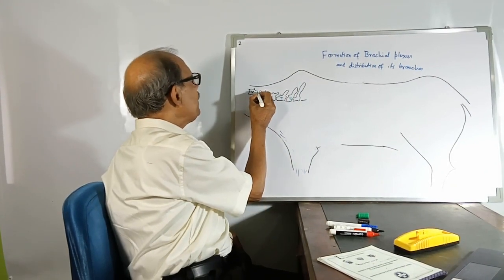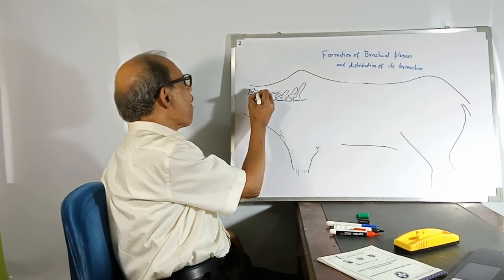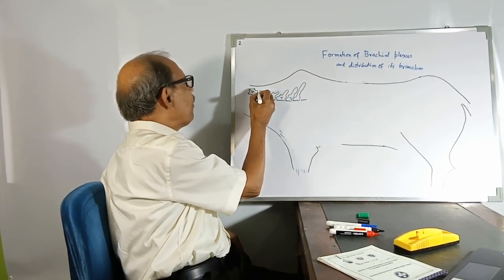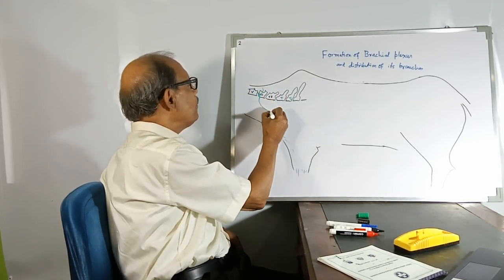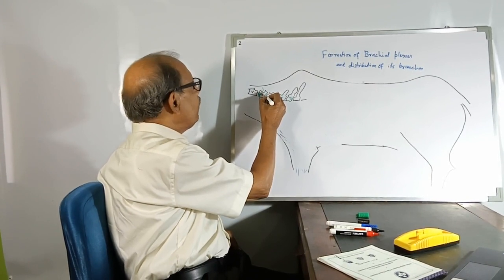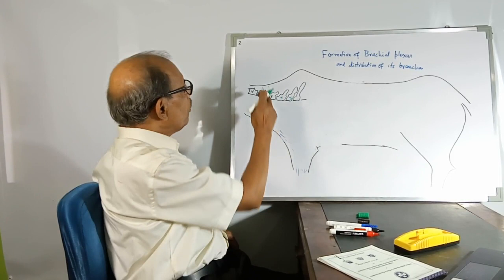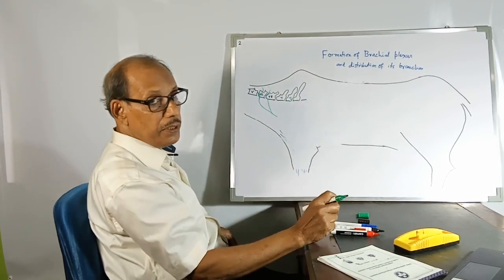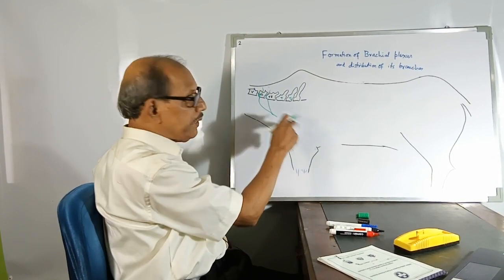So a nerve is coming out of this spinal cord, and after formation it is dividing into a dorsal branch and a ventral branch. Similarly, here also we are getting the ventral branch and a dorsal branch going there. The dorsal branch is going to the upper portion, that is the back side, and the ventral branches are going downward to the thoracic side or belly side.